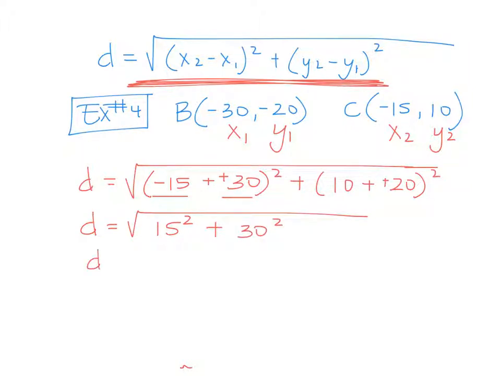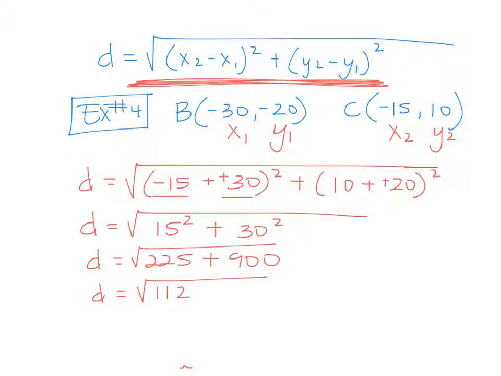Okay, so simplify that. What's 15 squared? 225, yeah. So 225 plus, what's 30 squared? 900. Okay, so if we simplify that, you get the square root of, we're just going to add those together, so it's 1125.